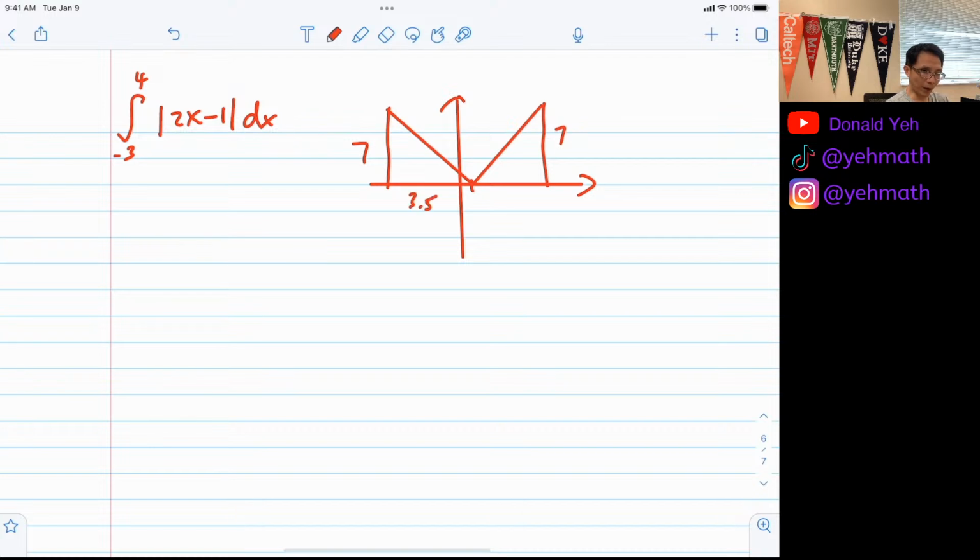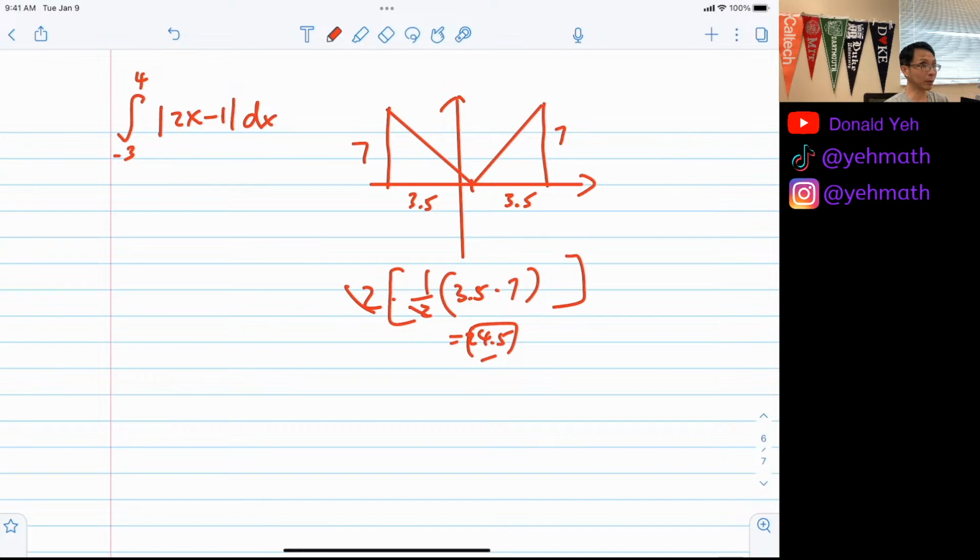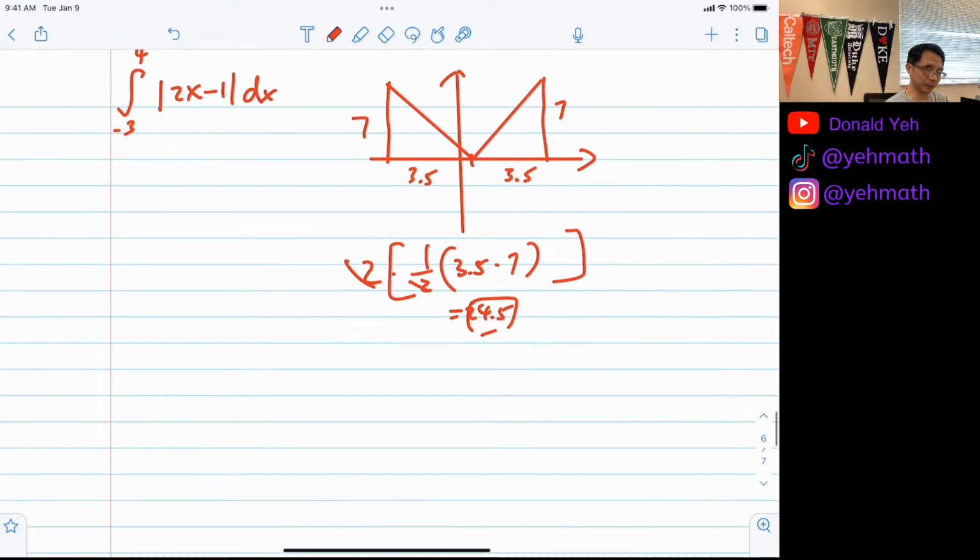And this is 3.5 here, and this is 3.5 here. So it'll be 3.5 times 7 times 1/2 and times 2. So the 2s cancel out. 3.5 times 7 is equal to 24.5. And I'm done with my work. It's so beautiful. It's done really fast without too much work.